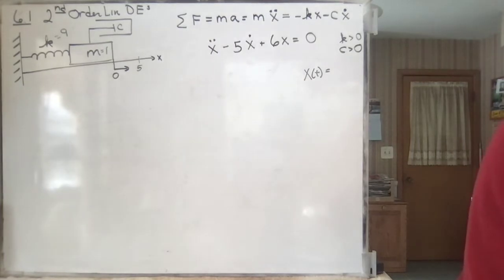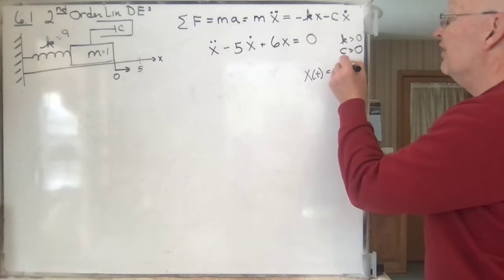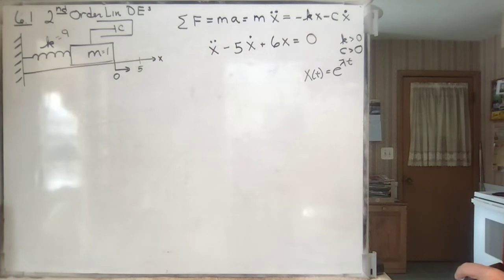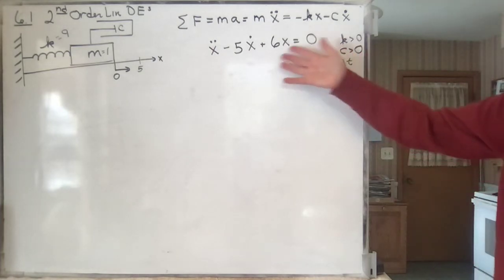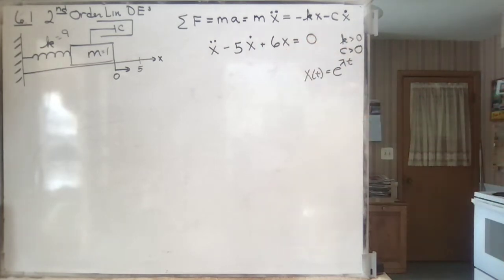So we just say let x of t be equal to e to the lambda t, and let's see if there's any solution of this form.